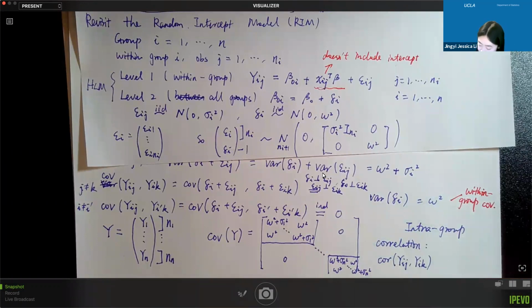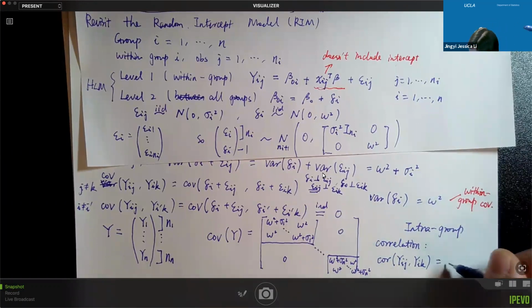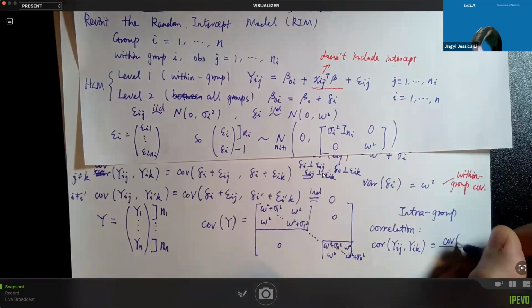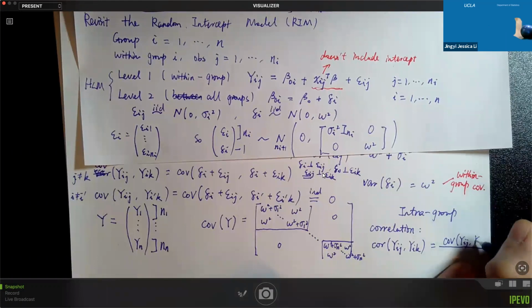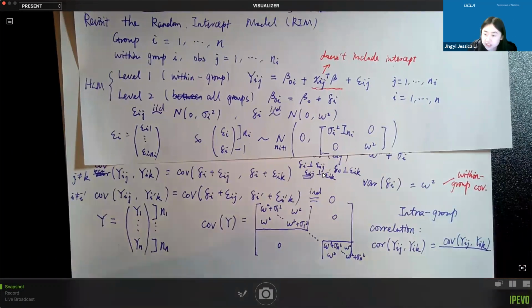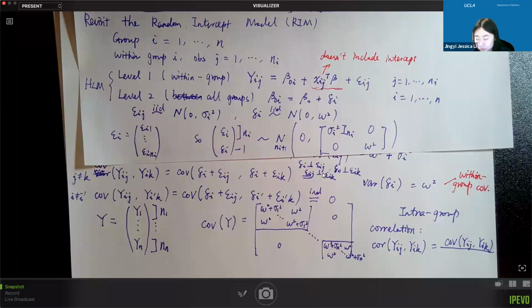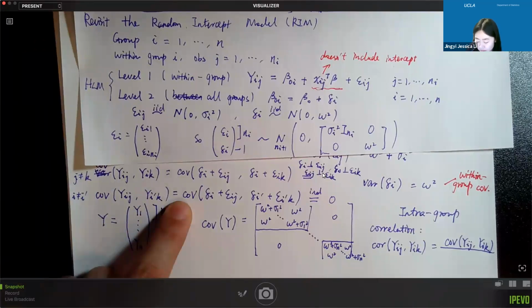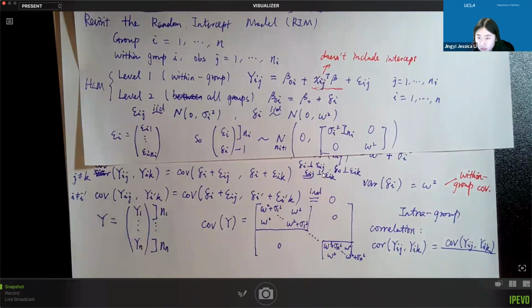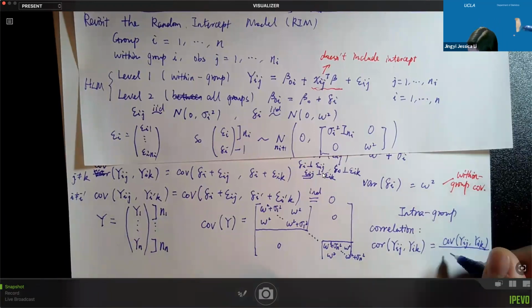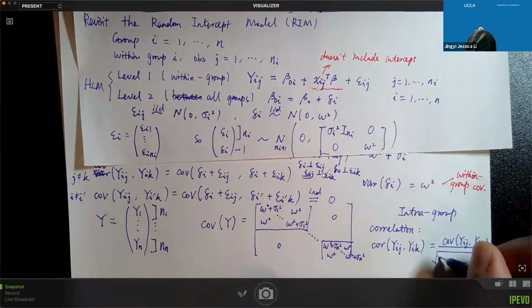By the definition of Pearson correlation, it is the covariance of Yij and Yik. Please note that all the discussion here is on the population, on the distribution, not on a particular sample, because covariance and variance are population level concepts. We don't talk about their calculation or estimation on a sample. It is divided by the variance of Yij, variance of Yik.